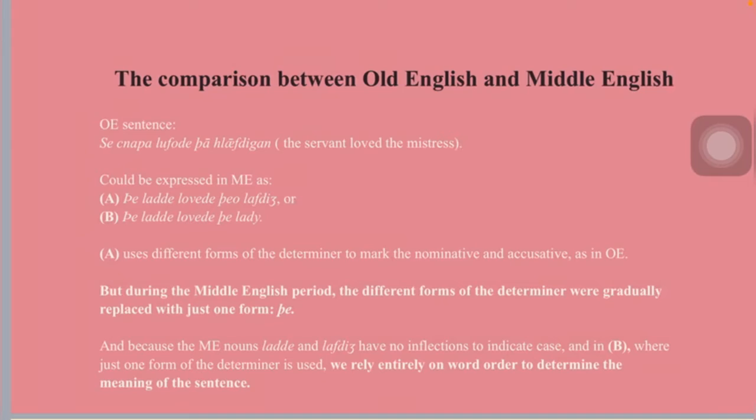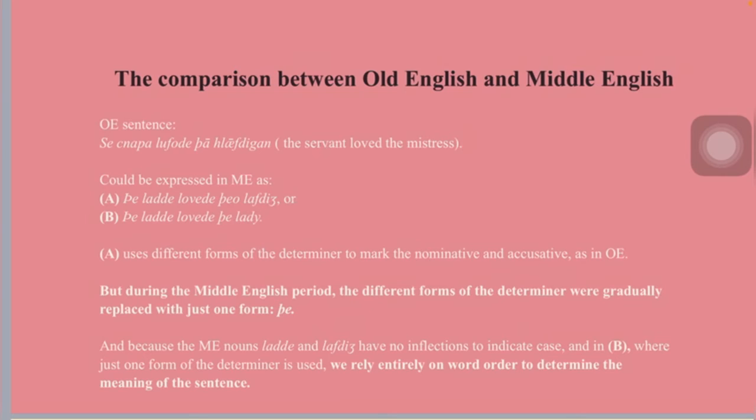As we can see, there is an example of an Old English sentence and two examples of Middle English. In A, the sentence uses different forms of the determiner to mark the nominative and accusative case, as in Old English.